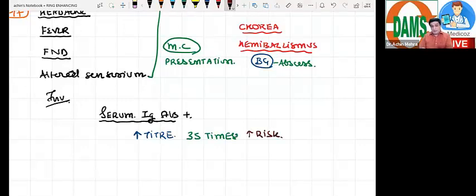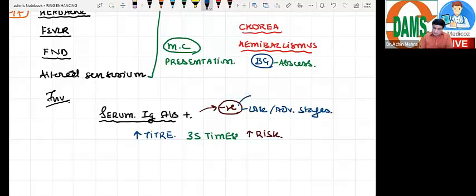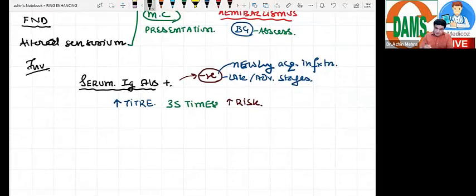Now, remember these antibodies can come out to be negative also in late and advanced stages of the disorder, and in newly acquired infection. So if the infection is newly acquired or in a late advanced stage, then you can find these antibodies to come negative also. Okay.